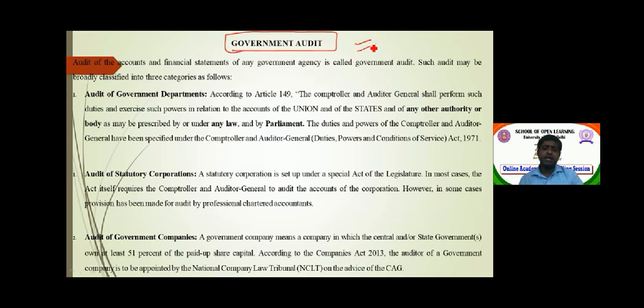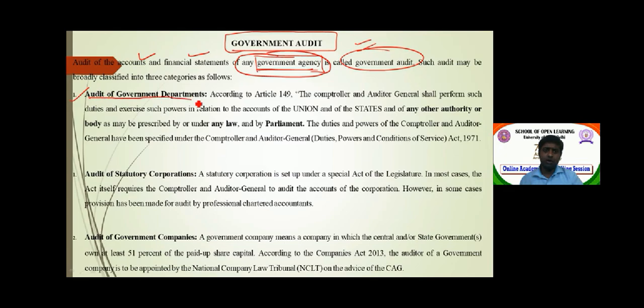First of all, we should understand that the government audit is conducted for the purpose of inspection of the accounts and financial statement of any government agency. So any government agency whose accounts and financial statement are being audited or investigated or inspected, that is called government audit. Now these are categorized into three broad categories.